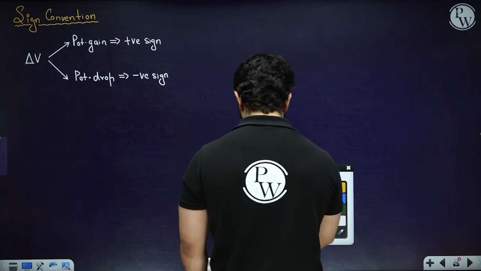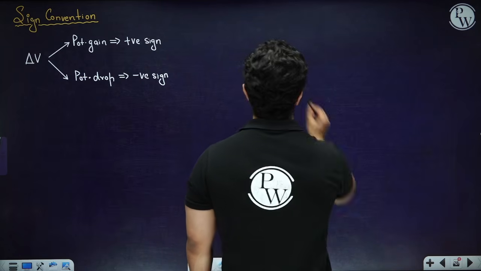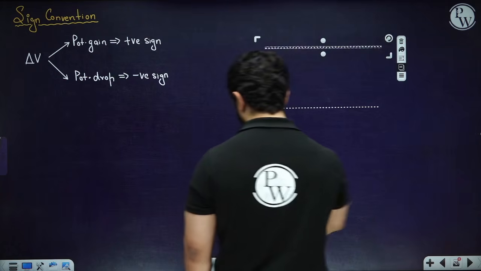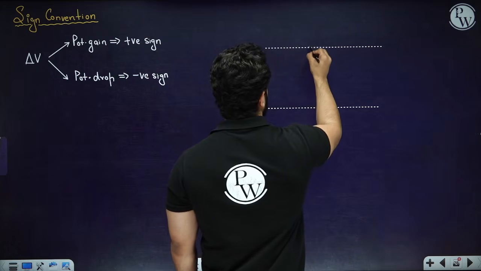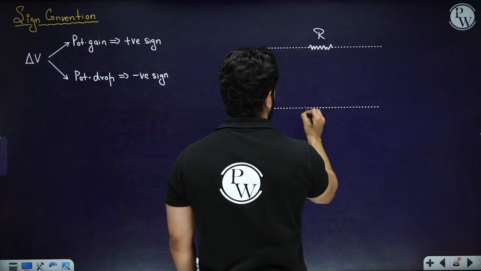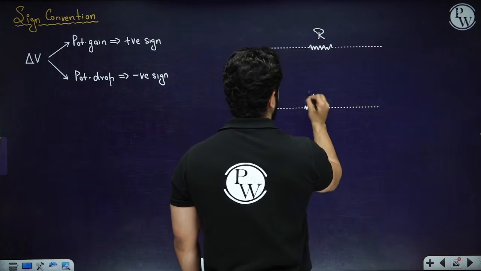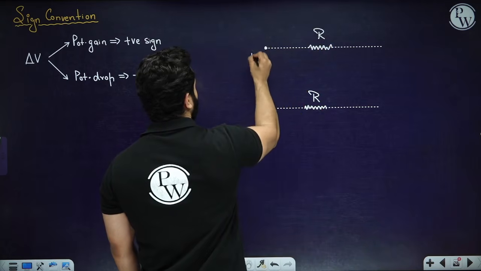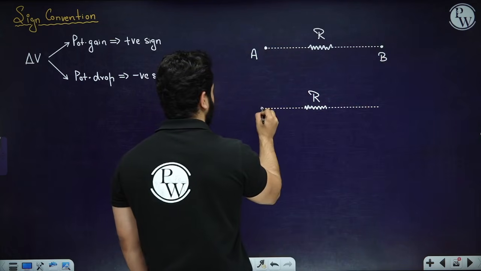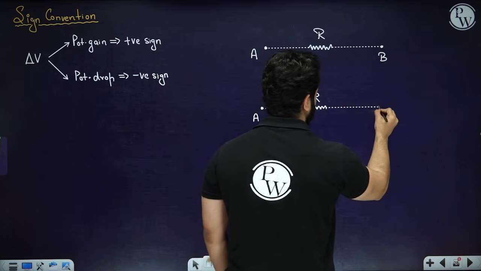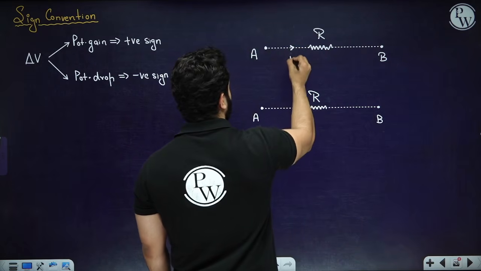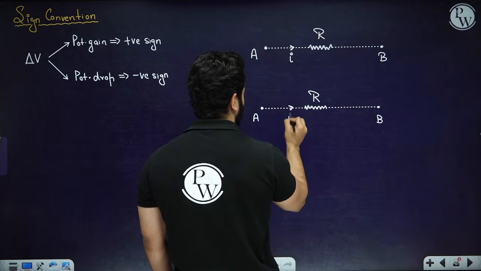Let's suppose we have two resistors over here, and by the way, both of them are the same. This is R, this is also R, this is point A, this is point B, this is point A, and this is point B, and current is moving like this, I, and current is moving like this, I. So what's the difference, sir?